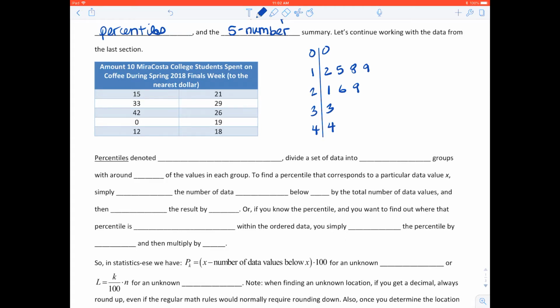So percentiles, which are denoted P1, P2, P3, all the way down to P99. Why only 99 and not 100? What do you think?